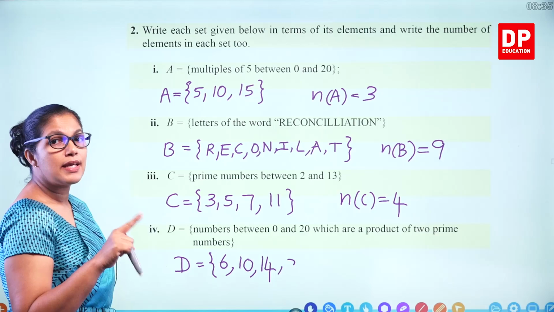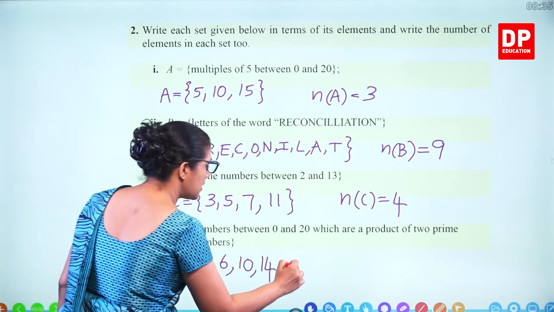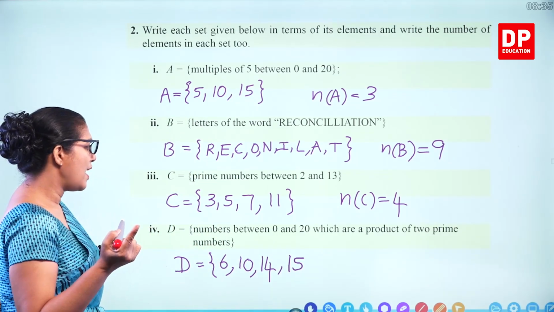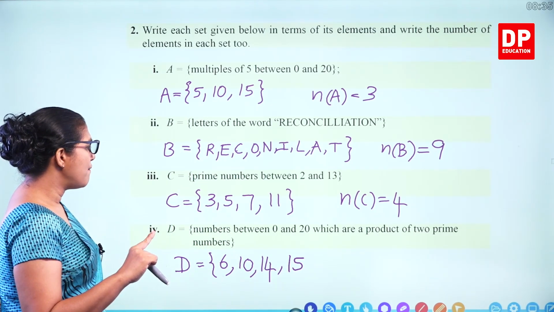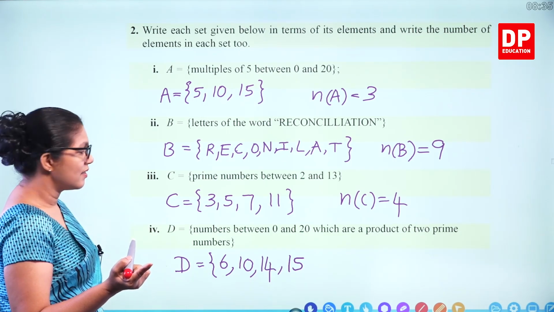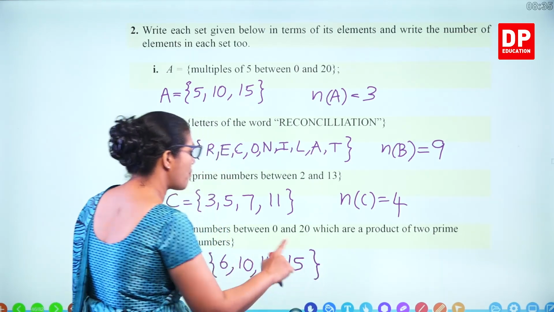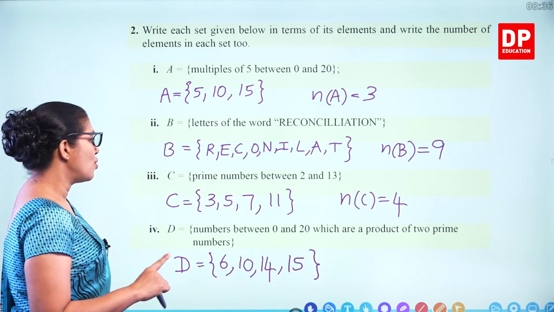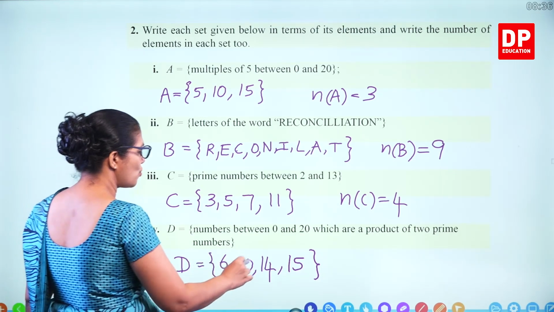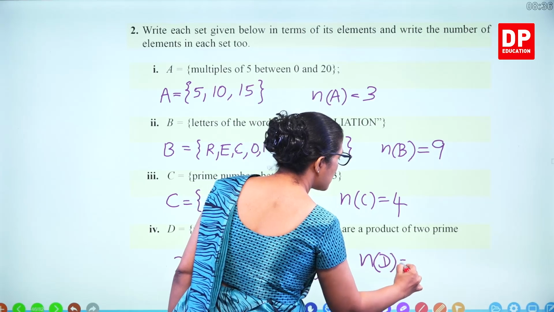Then 3 times 5, 15. 3 times 7, 21. We can't write. Then 5 times 7, you can't take. So these are the product of two prime numbers. So 1, 2, 3, 4. So ND equals 4.